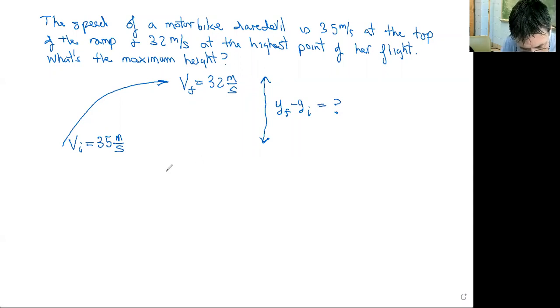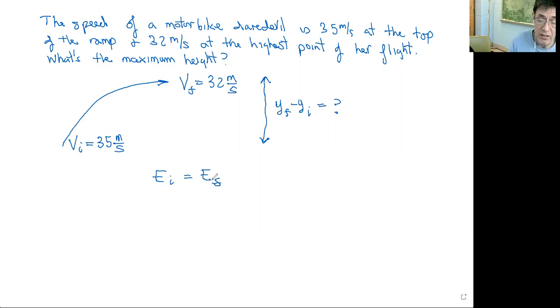The basic idea here is that during my flight, the total energy is conserved. The total energy of me and the bike when I left the ramp is the same as the total energy of me and the bike at the highest point.